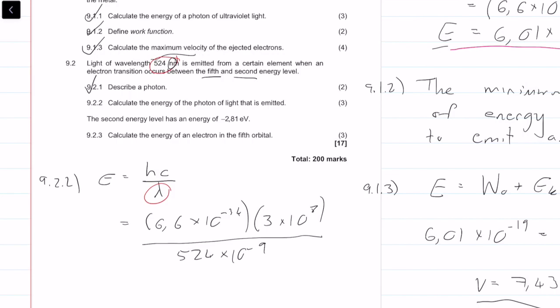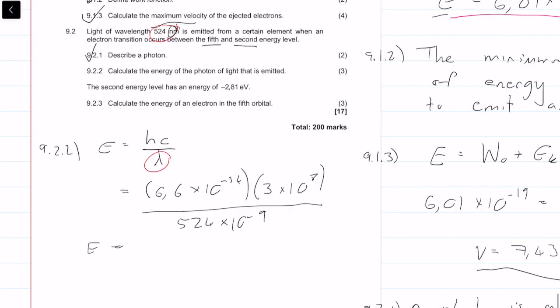The answer is E equal to 3,78 times 10 to the minus 19, in units of joules. And that's that answer.